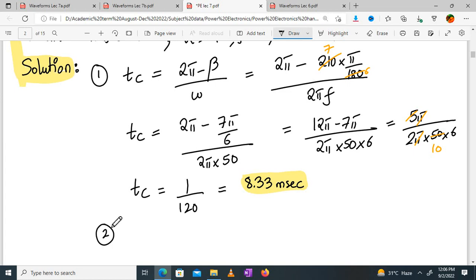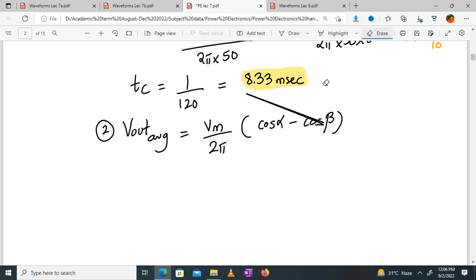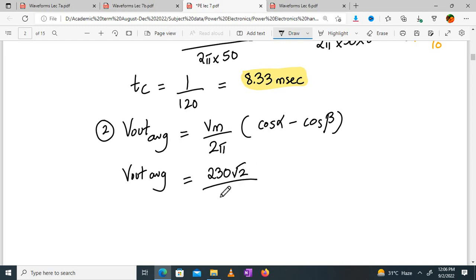Can we start with the next one? Next is V out average. What is the formula? Just now we have seen that Vm upon 2 pi into cos alpha minus cos beta. So what is Vm? It is not 230. It is 230 root 2 divided by 2 pi into cos of 40 degrees minus cos of 210 degrees. Here don't substitute radians.